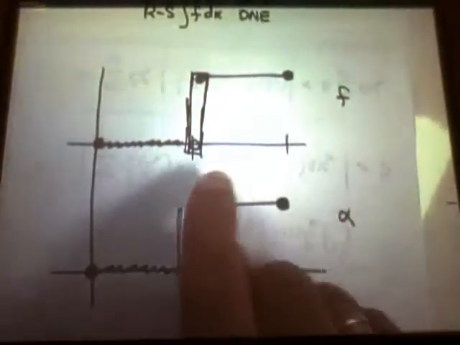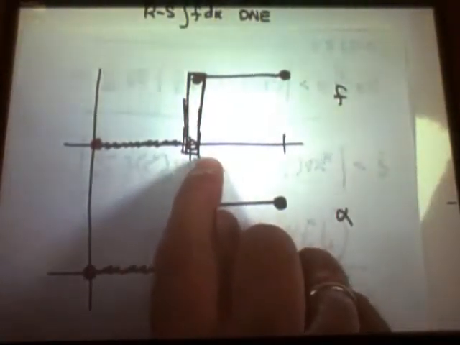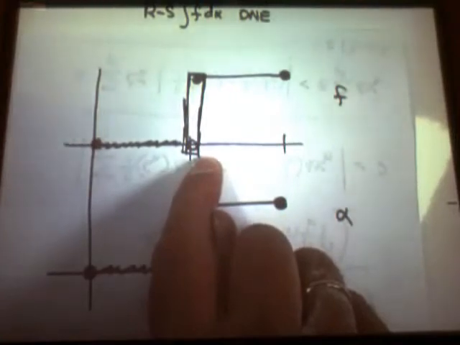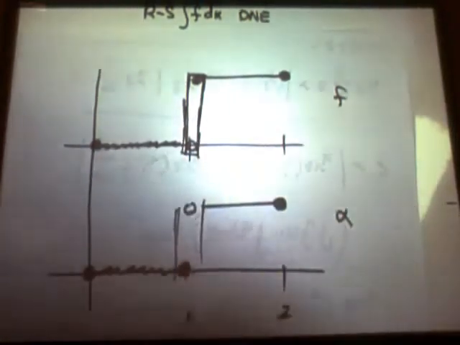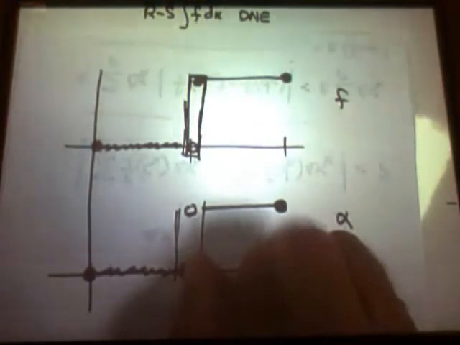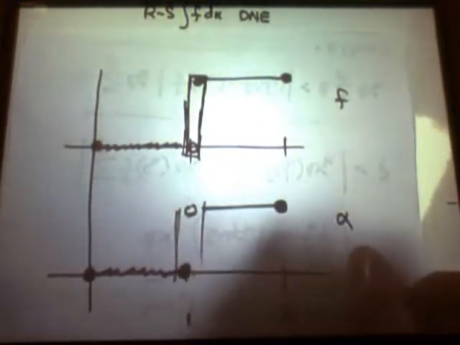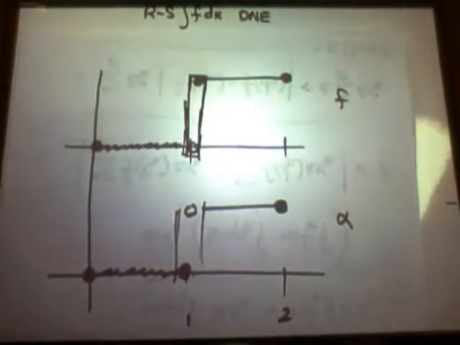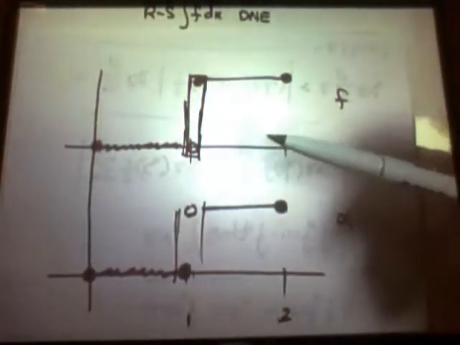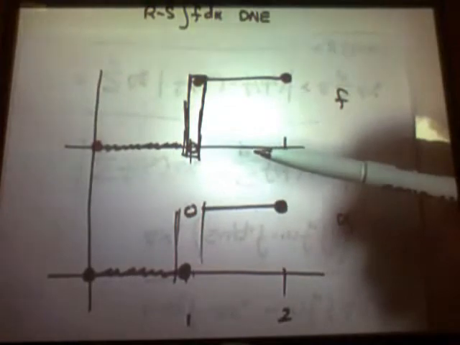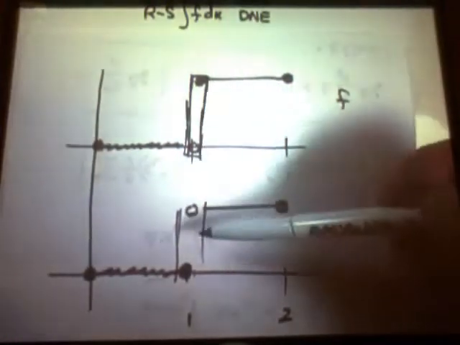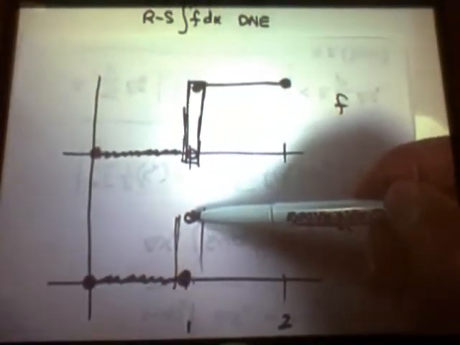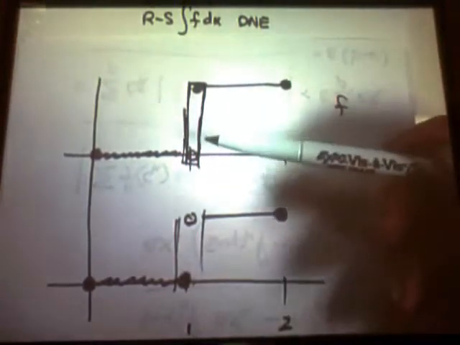So if you push it all the way to the right, it's 1. If you push it all the way to the left, it's still 1. See, if you use 1 as a tag point, you get this bump of 1 in the integral.